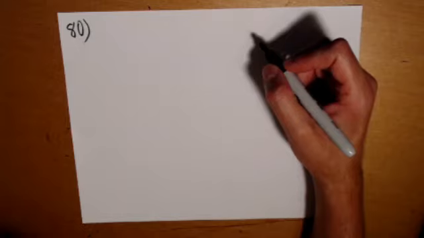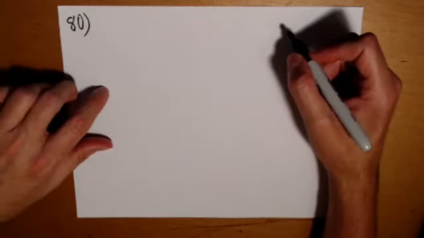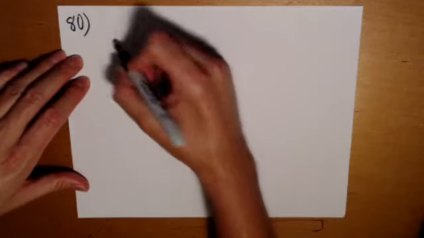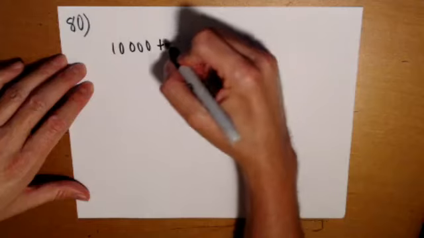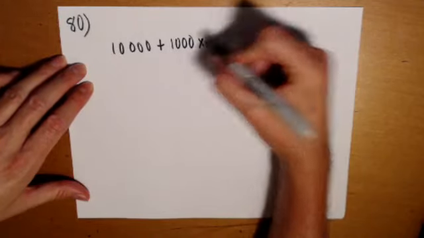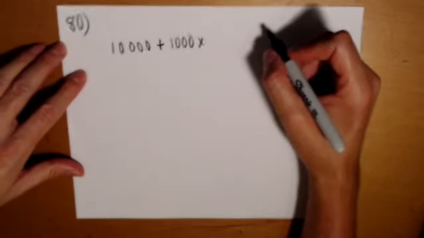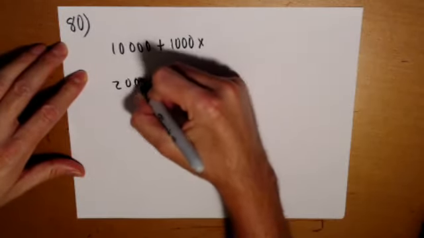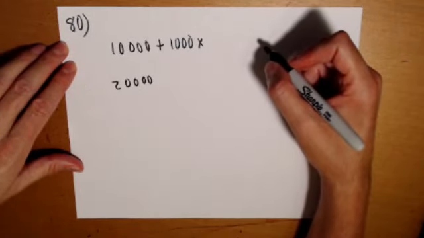Okay. Sometimes when you read a problem, you're like, well, how do I even use two variables? It might just be one. So it looks like it's going to be $10,000 plus $1,000 for every x cars he sells. And then the other scenario is $20,000 plus a commission of $500 for each car sold.